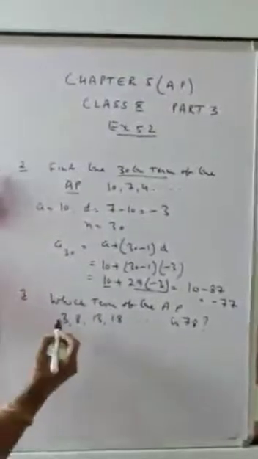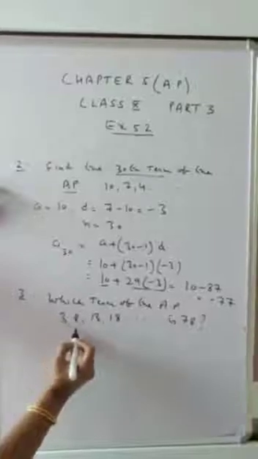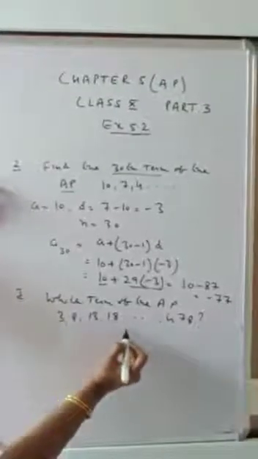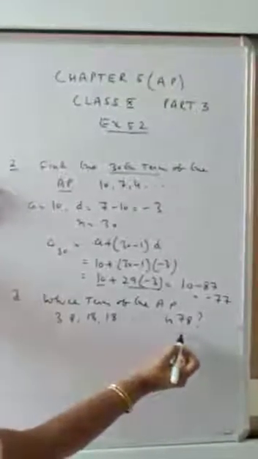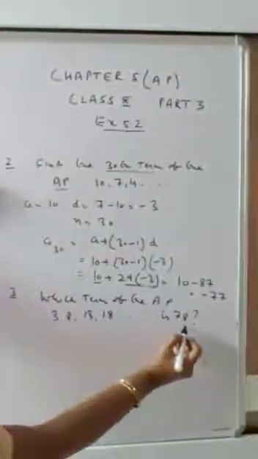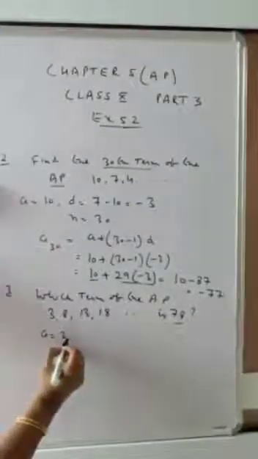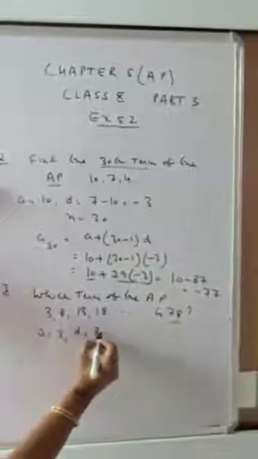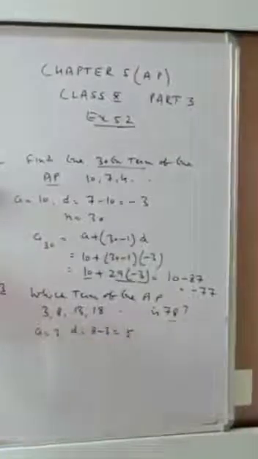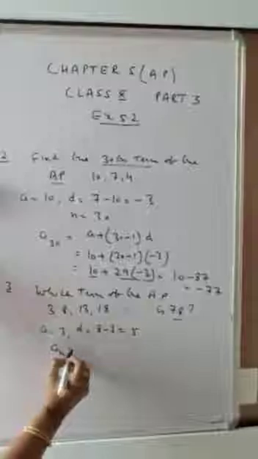So next, question 3: which term of the AP 3, 8, 13, 18 is 78? Read the question. Which term of the AP is 78? Here a is 3, d is a2 minus a1, 5, and 78 is the nth term.